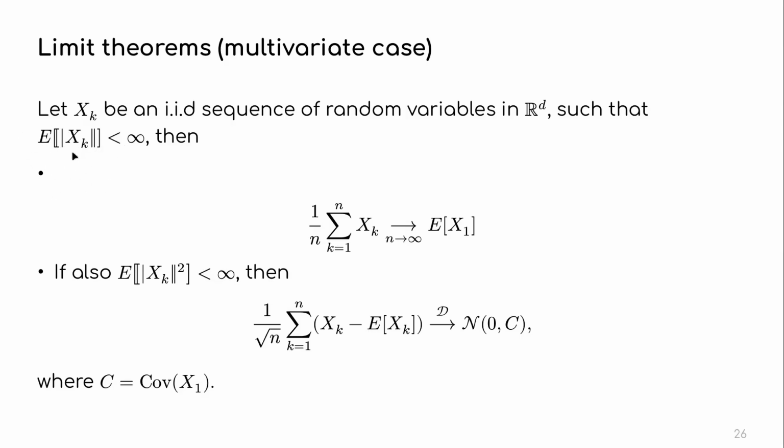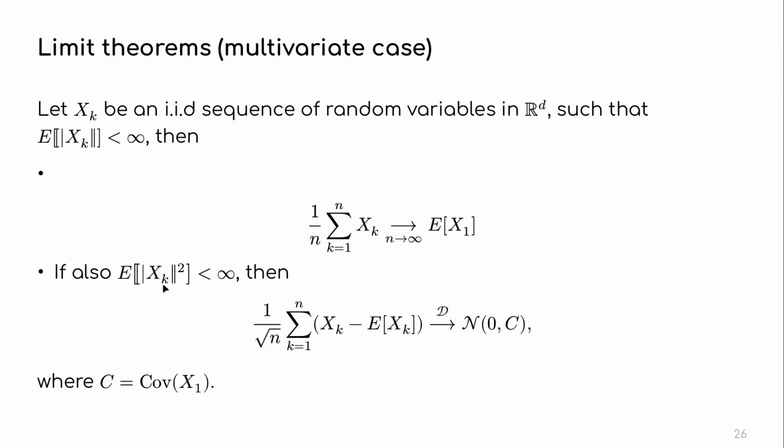It should be the expectation of the norm of xk is finite, so they all have finite expectation. Then the sample mean converges to the population mean as the sample size increases. That's the law of large numbers.